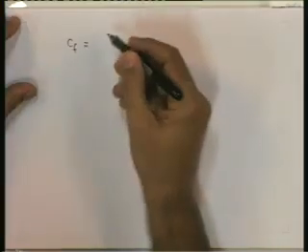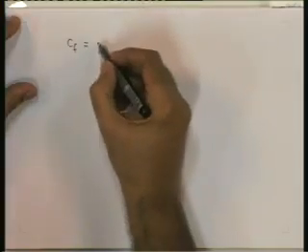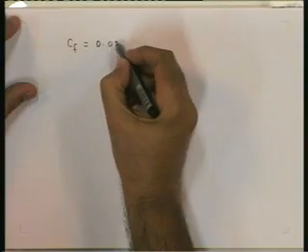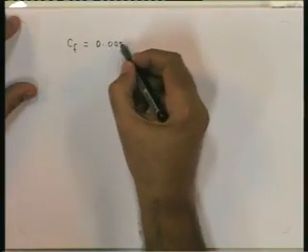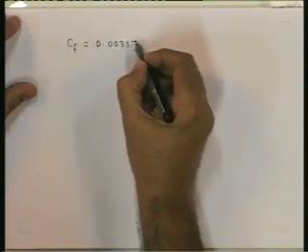If you substitute the numbers, you will get CF equal to 0.00357.